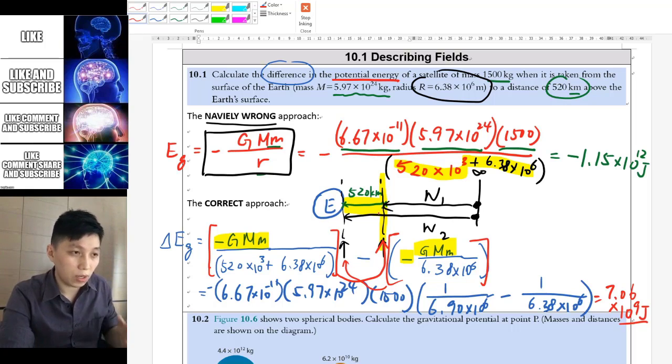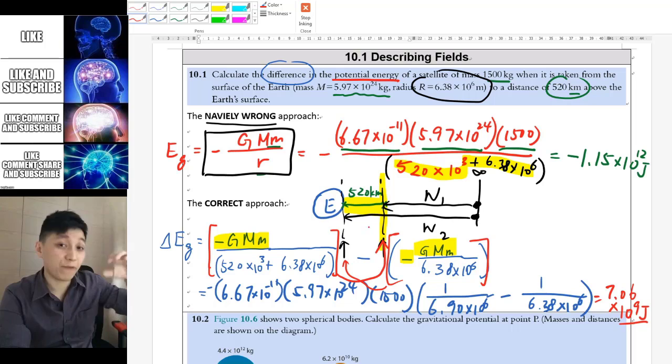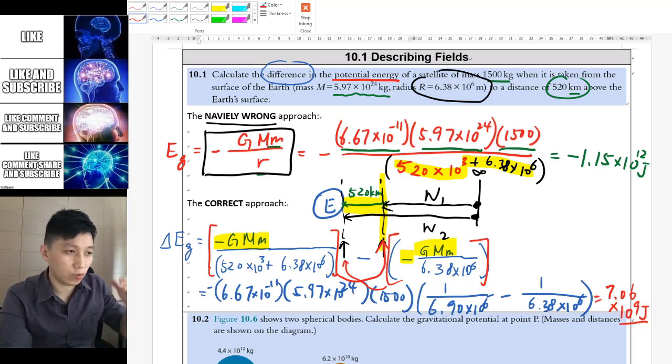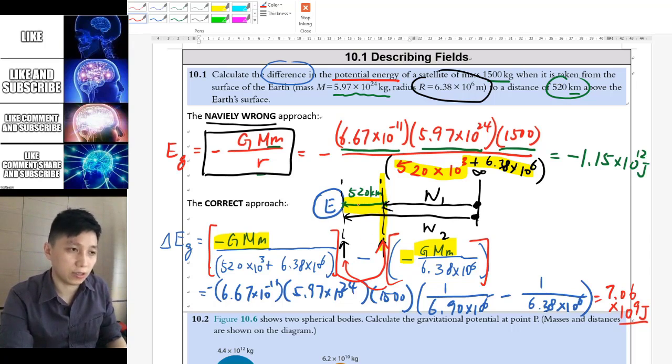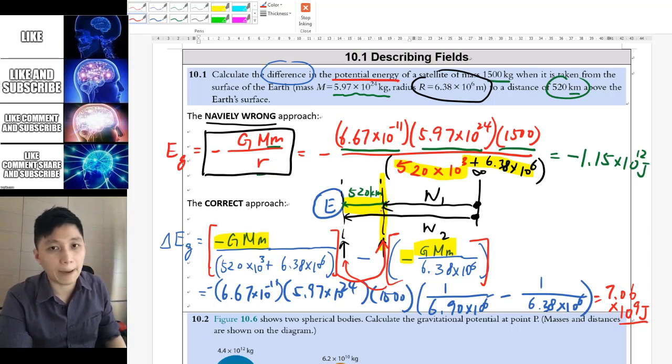Obviously with a higher position from the Earth, you have greater GPE, so the total difference should be positive, because you need that positive work done to push that object from the surface of the Earth to that particular position 520 km above the surface.